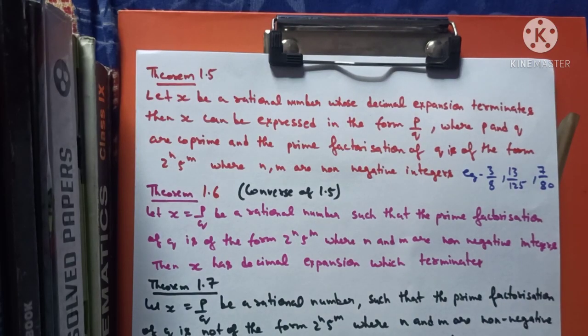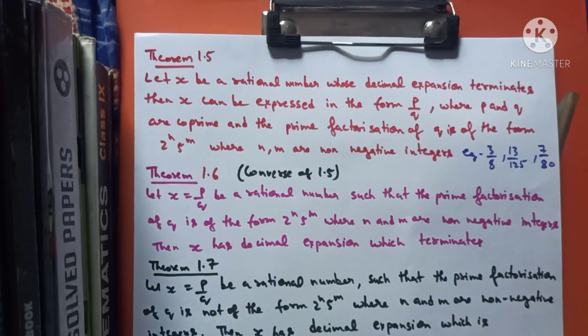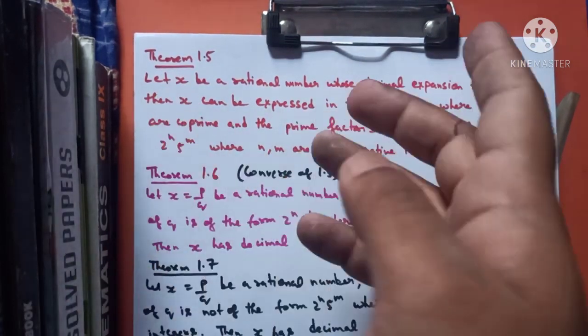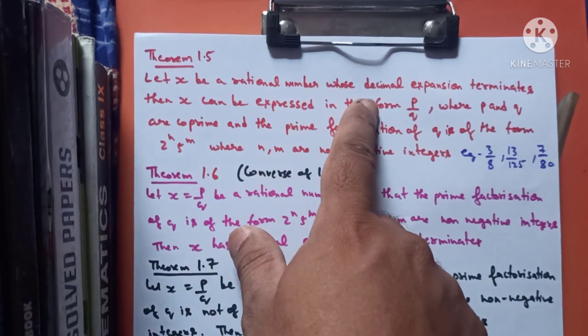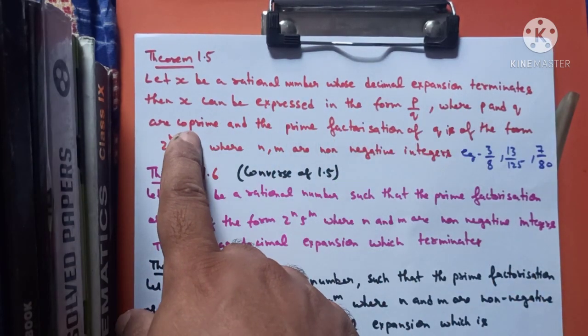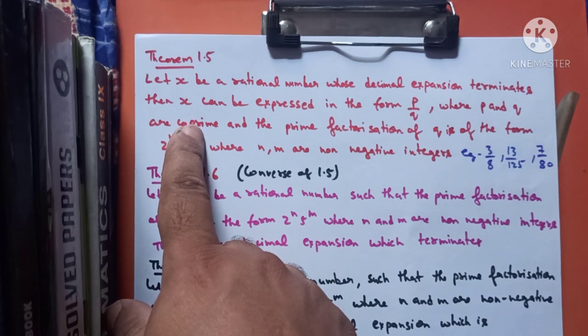The things which we have studied just now are in the form of a theorem. Let x be a rational number whose decimal expansion terminates. That means it is a terminating decimal expansion.